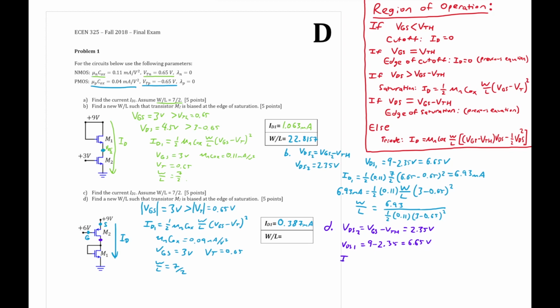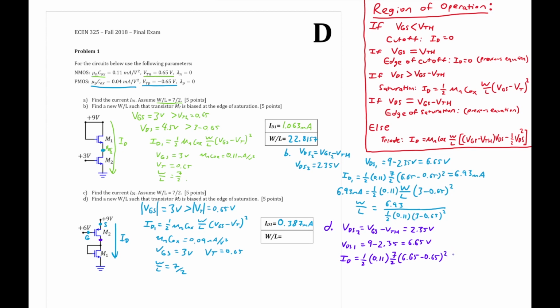Okay, let's plug this into our ID equation. So let's plug in the M1 values to solve for ID, just like we did in part B. So we know that ID is going to be equal to 1 over 2 times our mu n COX for the NMOS transistor, M1, which is 0.11, times W over L, which is 7 divided by 2, times our VGS value, which is actually (6.65 minus 0.65) squared.